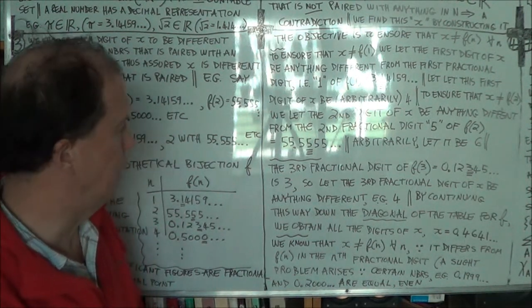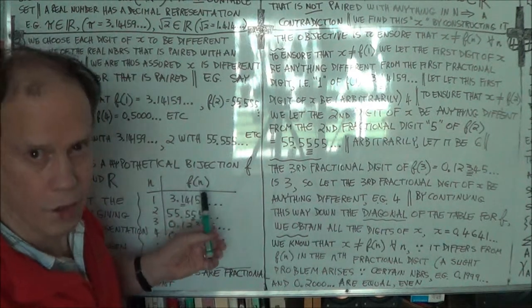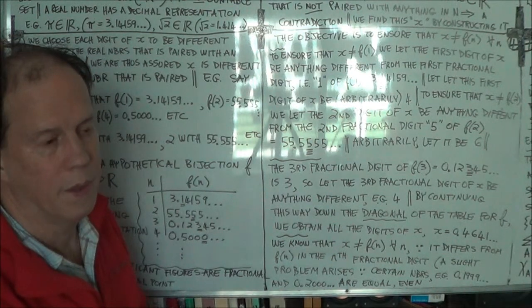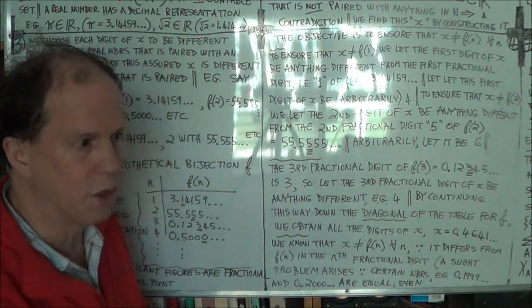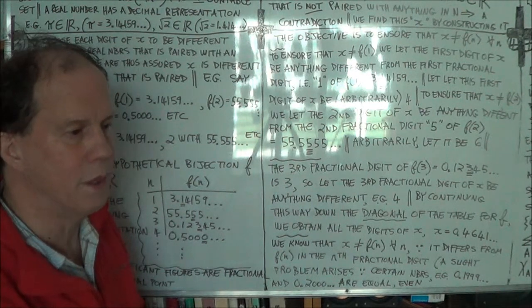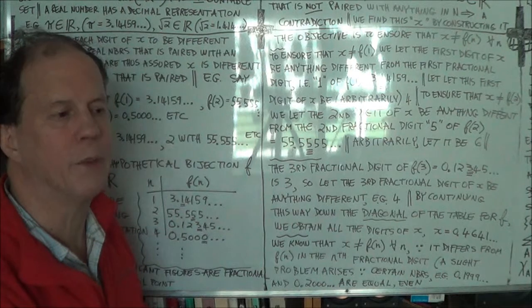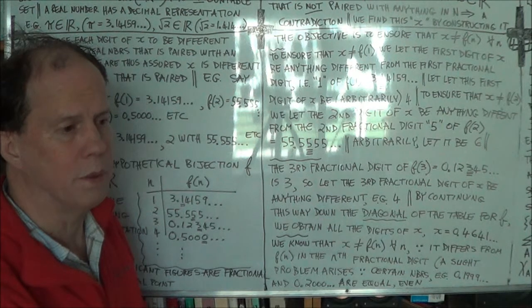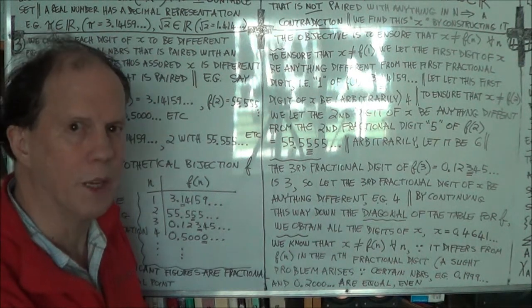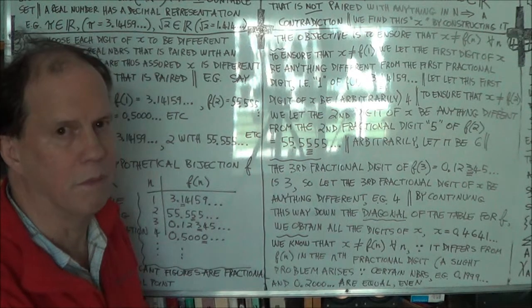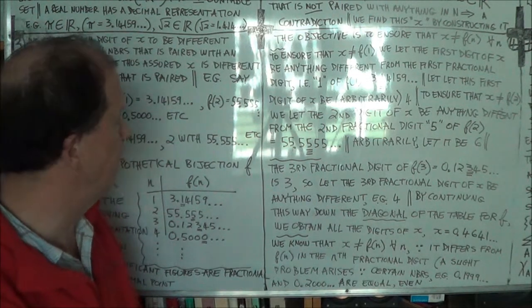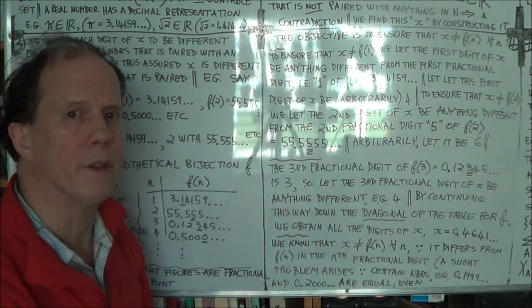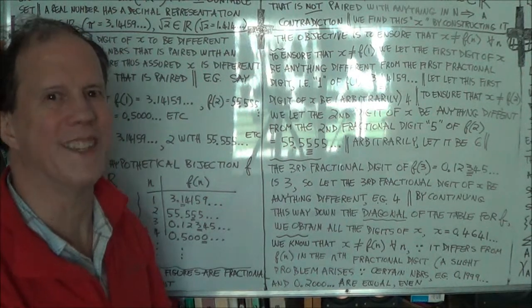Therefore there is no bijection between the reals and the natural numbers, and therefore, by definition, the set of reals is uncountable. Remember, countable means there is a bijection between N and the set, and uncountable means, by definition, that there is not a bijection between N and the infinite set you're talking about. Okay, so we've proven that big R, the set of real numbers, is not countable. It is uncountable.